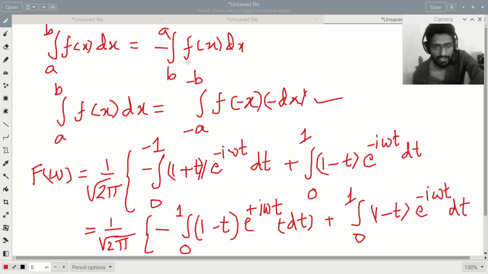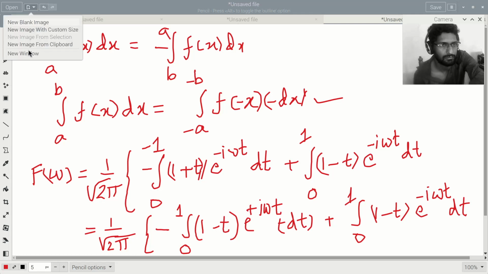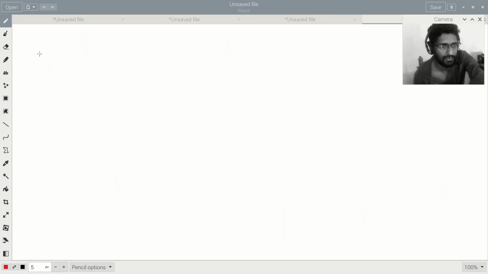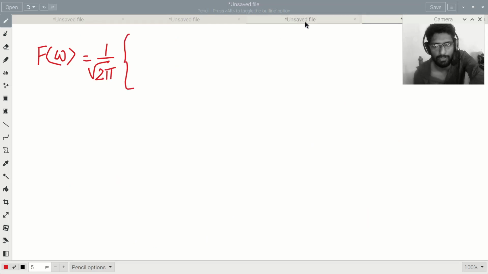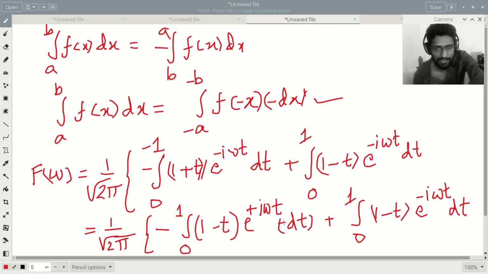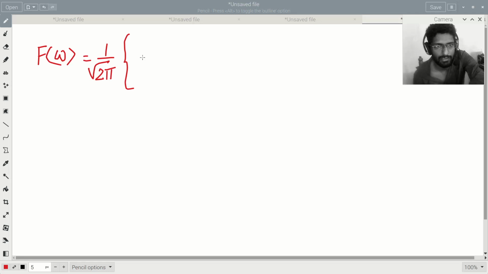So rearranging that, this is equal to the Fourier transform F of omega, equal to 1 upon root 2 pi, and we have two minus signs there. Here is a minus, and in that dt there is a minus, and it will become positive, and what is remaining is 0 to 1.